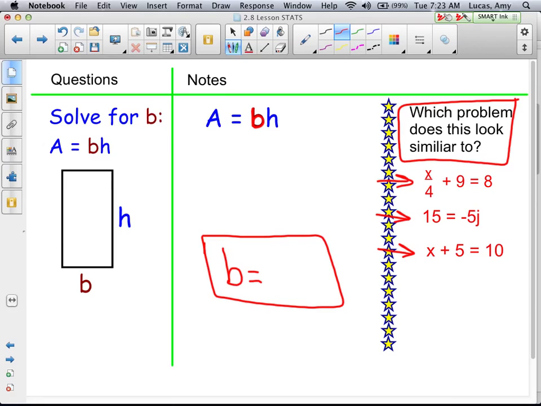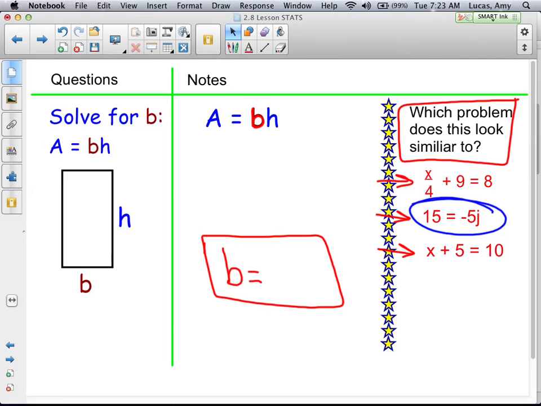I'm pretty sure that you could pick out the second one, 15 equals negative 5j. Now think about how you solve 15 equals negative 5j. You would solve it by dividing the negative 5 on each side to leave the j by itself. We're going to do the same thing on this problem.